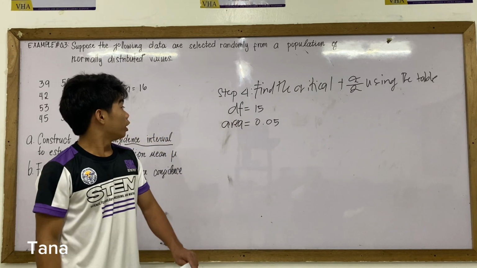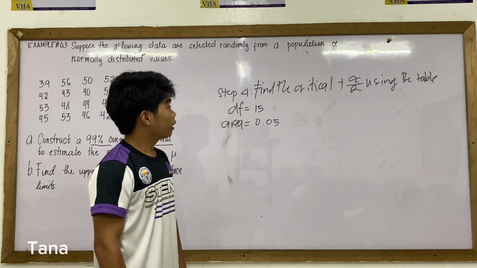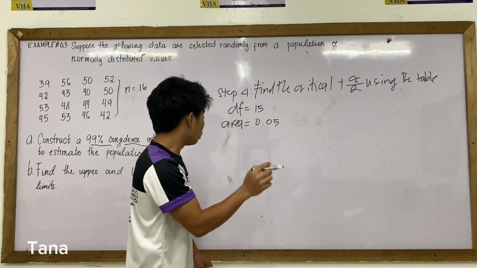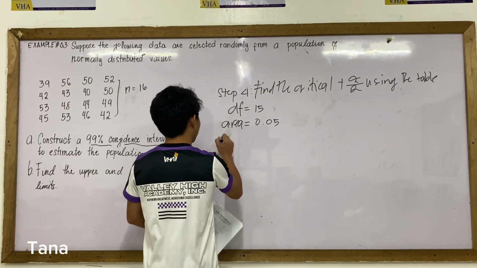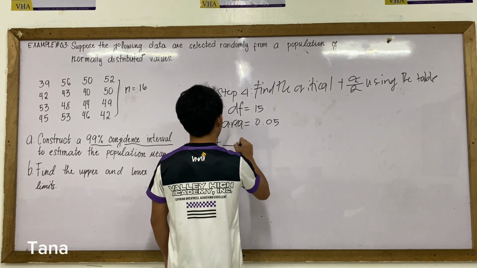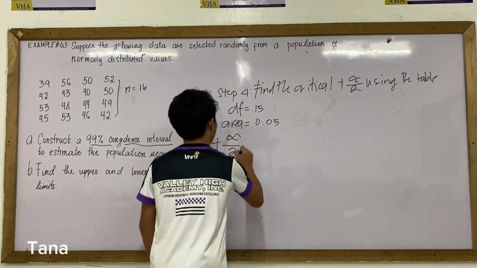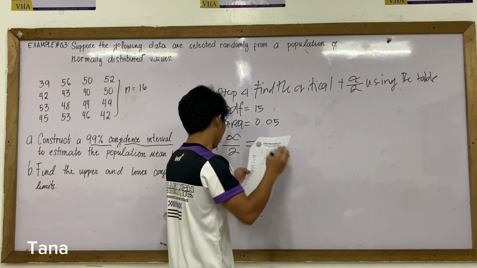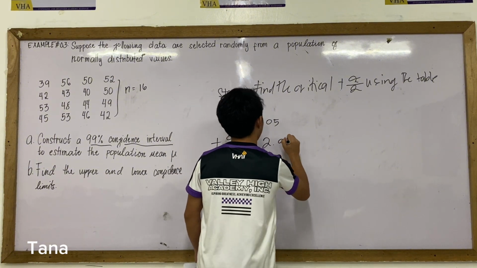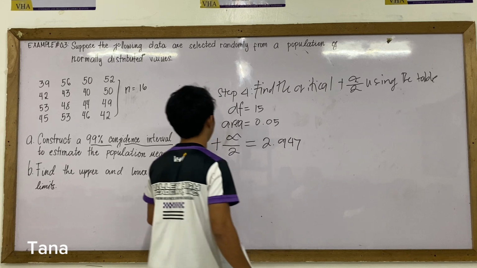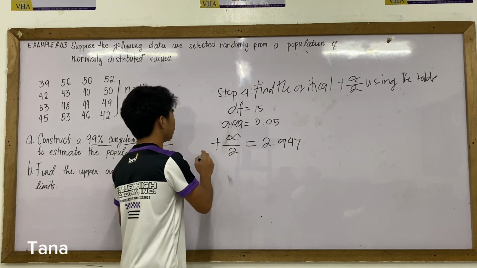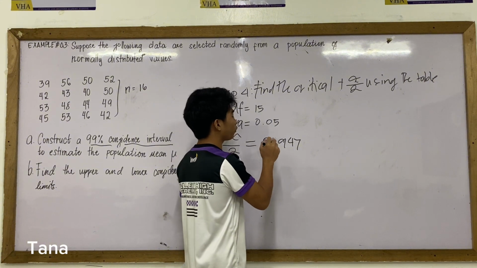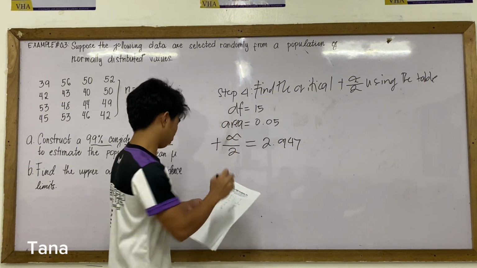In the table, the critical t alpha over 2 is equal to 2.947.